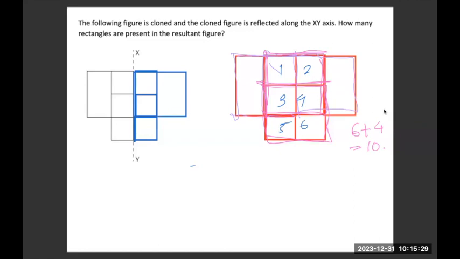Besides this, now we'll start counting the shapes which are not squares. Okay. So the shapes which are not squares: 1, 2, 3, 4, 5. So 6 plus 4 plus 10 plus 5. 5 is these combinations, 5 of green color. Then we'll look at another non-squares.